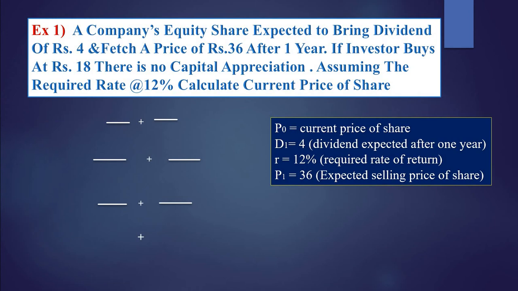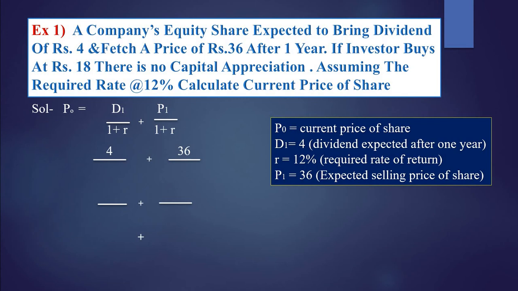Now we'll see the formula. P naught is equal to D1 divided by 1 plus R plus P1 divided by 1 plus R. Now we substitute the values into this formula. D1 is our expected dividend, which is 4.